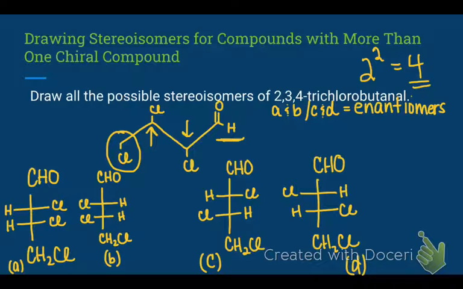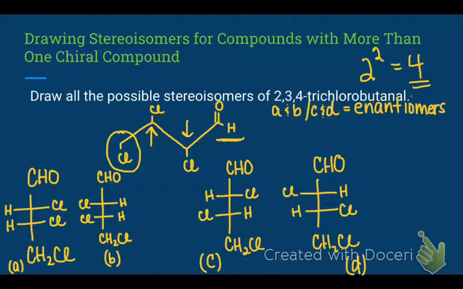Now, is there any relationship between A and C or A and D? There really is no relationship there, except that they have chlorines on carbon 2 and carbon 3, but the placement of those chlorines is different. So we have a different arrangement of atoms. We would also have different physical and chemical properties here.